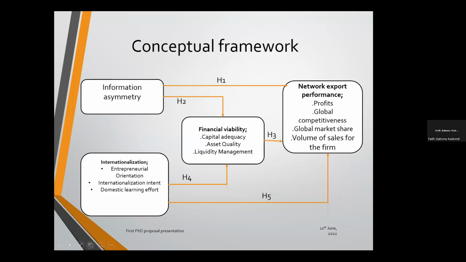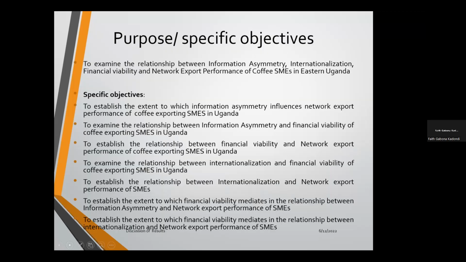In a nutshell, the purpose and specific objectives of my research include to examine the relationship between information asymmetry and internationalization, financial viability, and network export performance of coffee SMEs in Eastern Uganda.